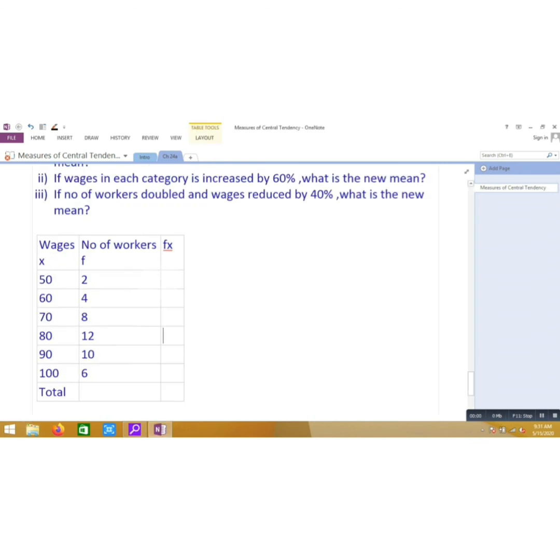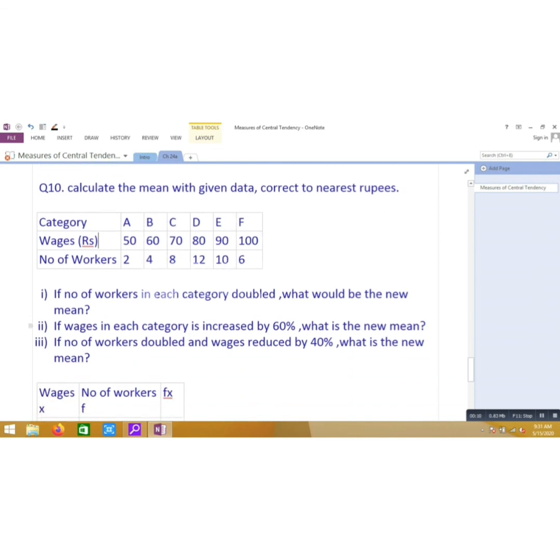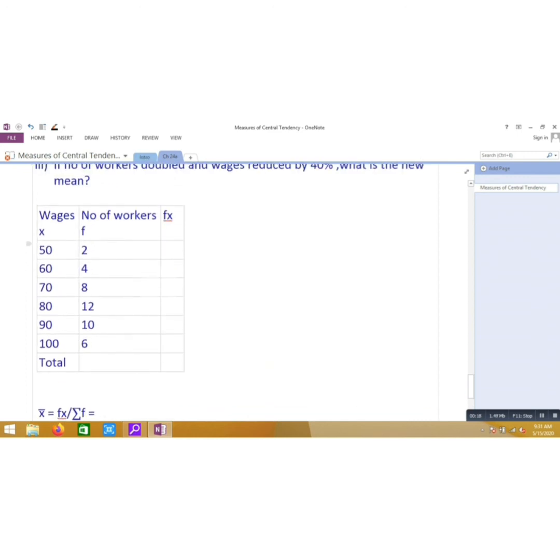Next, question 10. Calculate the mean of the given data, correct to the nearest rupees, and three sets of questions are given below. So first we'll find the mean, then solve one by one. First we'll multiply fx: 100, 240, 560, 960, 900, 600.